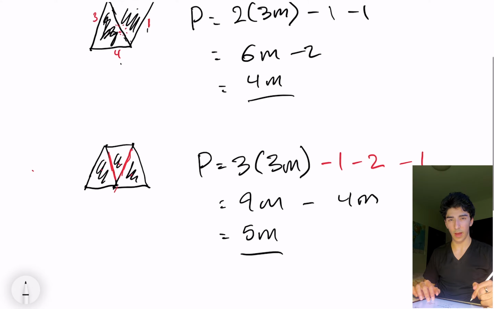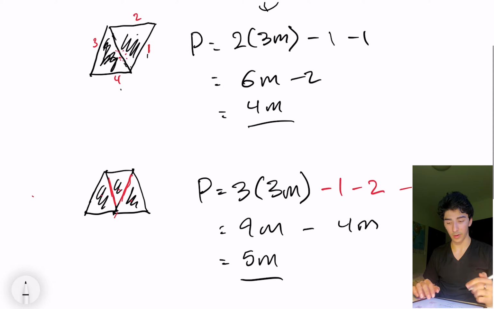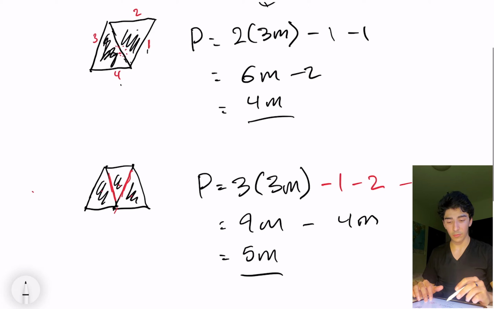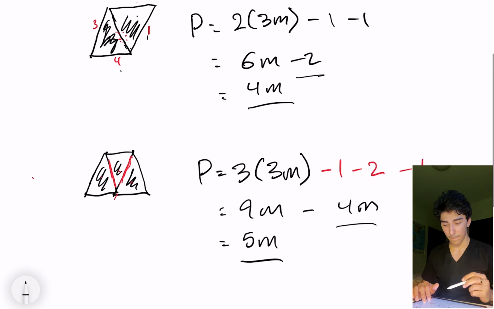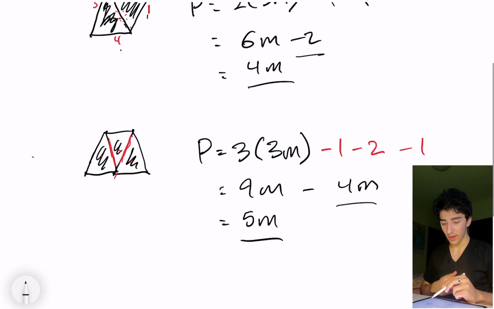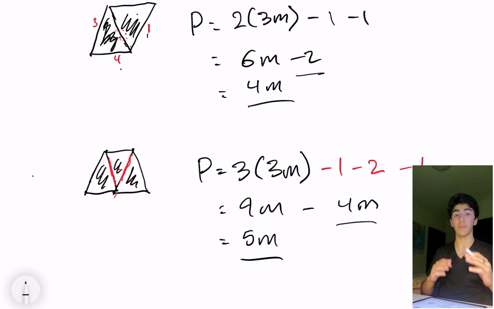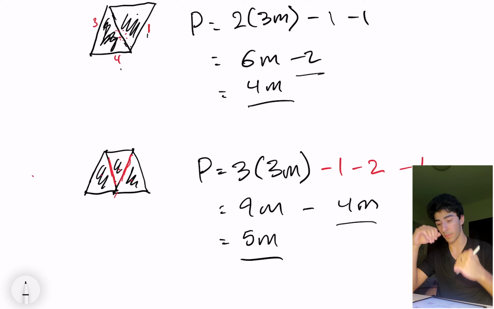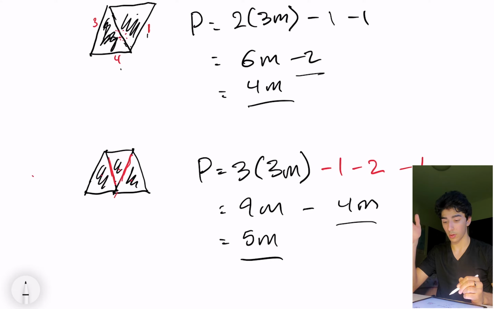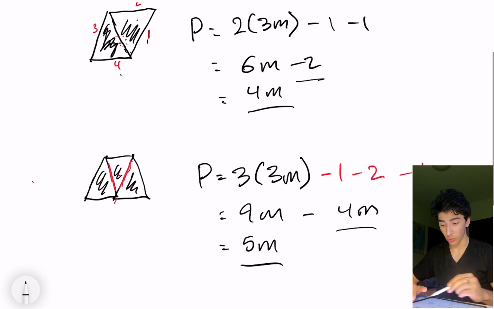Can you guys see a pattern happening? Here it's subtracted by 2, and here it's subtracted by 4. That's because every single time there's a side being shared, every single time a triangle touches another triangle, we have to subtract by 2. So here there were 2 triangles touching, and so it's minus 2.